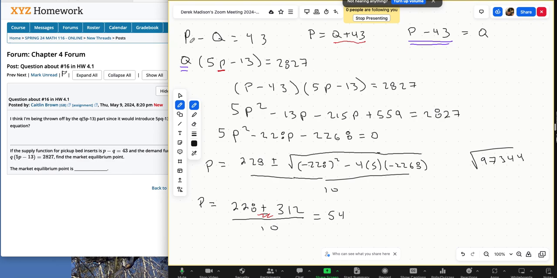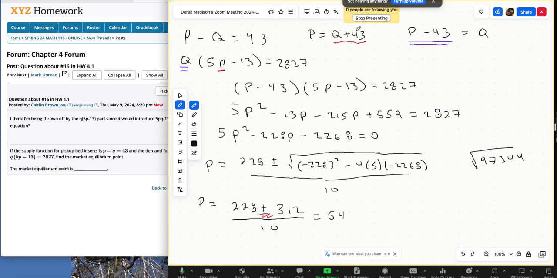And then now that we know P, we can pop that back into either here, anywhere really. I'm going to pick the easy equation, which is where I solved it for Q. And then P equals 54 plus 43. And then that should be 97. Oh, excuse me, that is not correct.